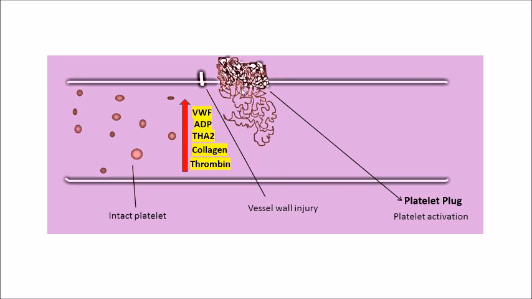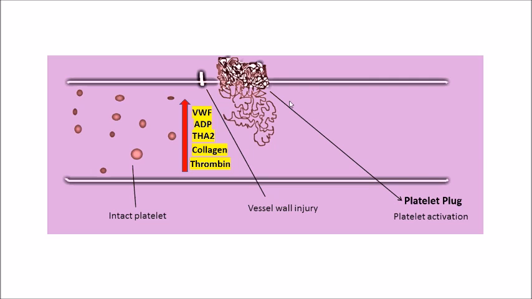make a platelet plug, basically stopping the bleeding, but then also carrying the risk of causing closure of the arterial blood supply, say to the heart, in the case of myocardial infarction, and the pathology of stroke, especially ischemic stroke.